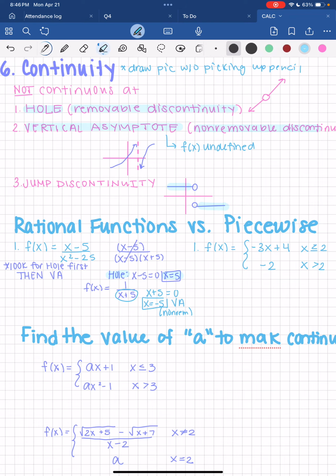So you always want to look for the hole first by factoring, and then the vertical asymptote. Remember, a hole is when you have like factors cancel, and the vertical asymptote is where the function's undefined. For fractions, it's when the denominator equals 0.